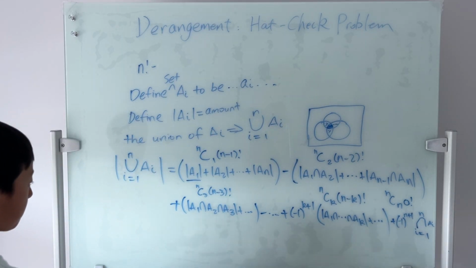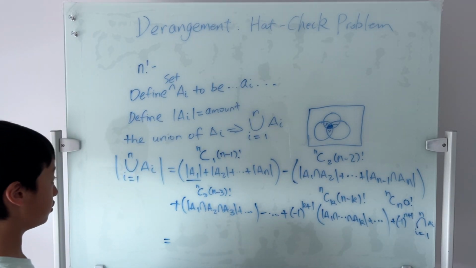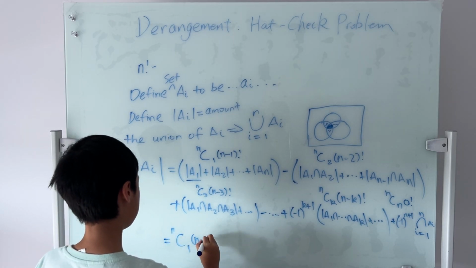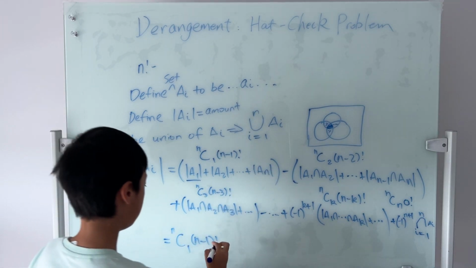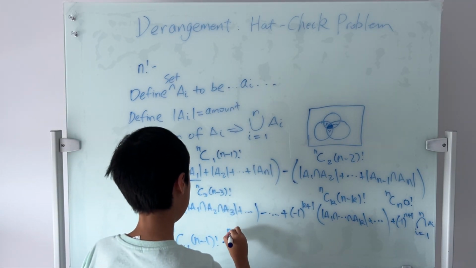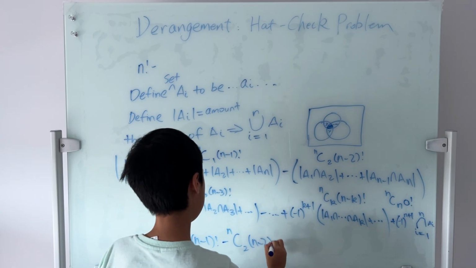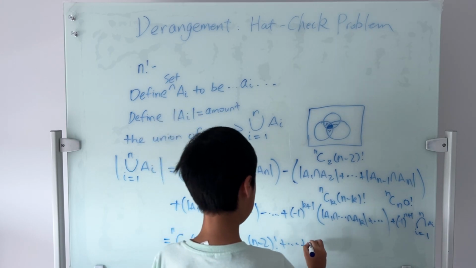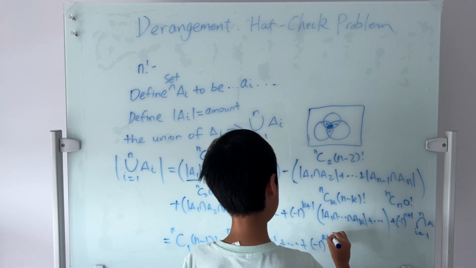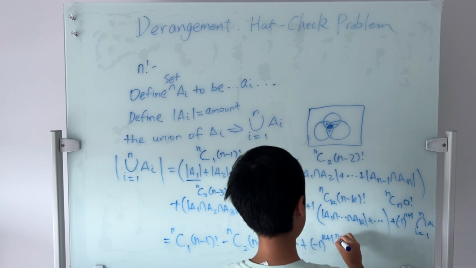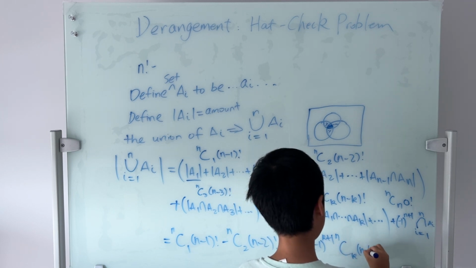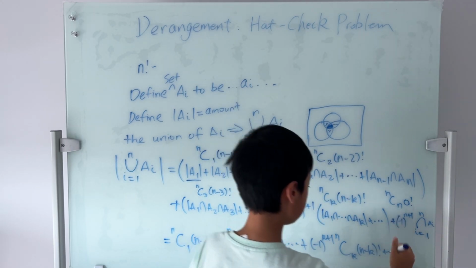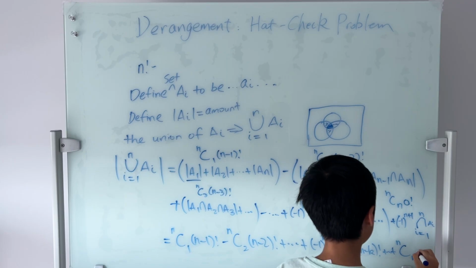Okay, so I'm going to rewrite this all. This is equal to C(n,1) times n minus 1 factorial, minus C(n,2) times n minus 2 factorial, and then plus dot dot dot, plus (-1) to the k plus 1 times C(n,k) times n minus k factorial, and then plus all the way to C(n,n) times 0 factorial.